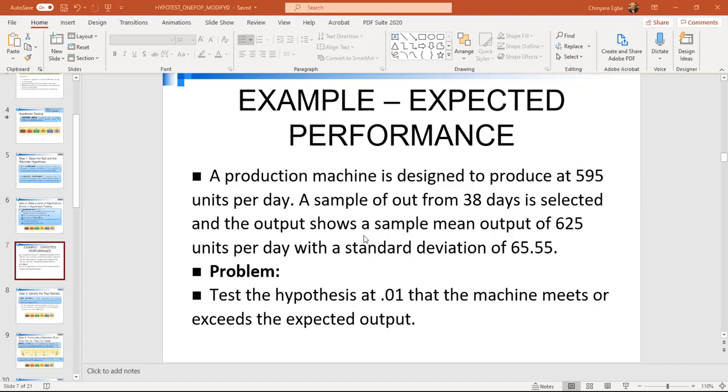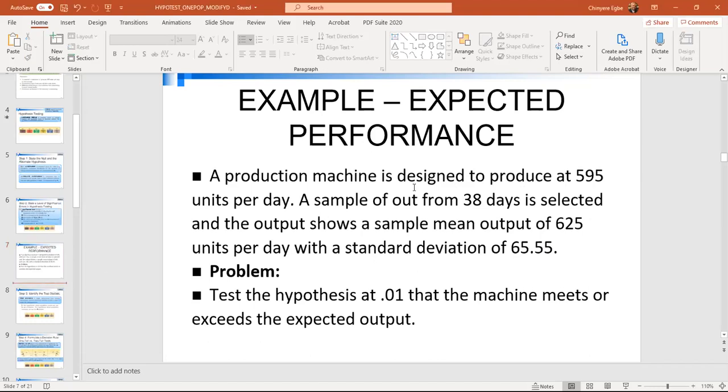All right, so this is an example of hypothesis test. But in this example, you already have your summary, your statistical summary, but you still have to test the hypothesis. So how do we go about doing that?